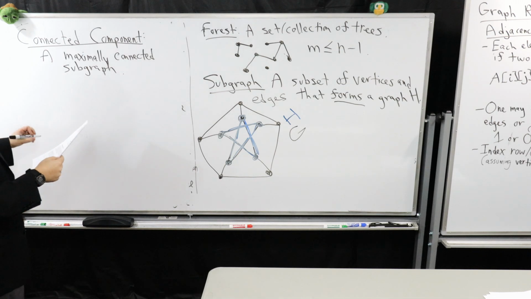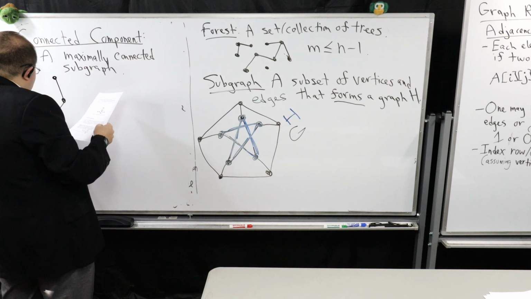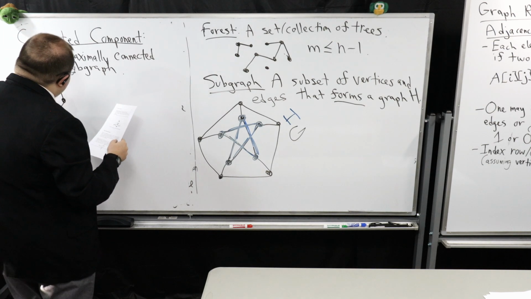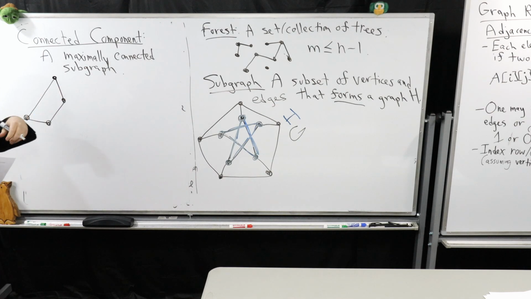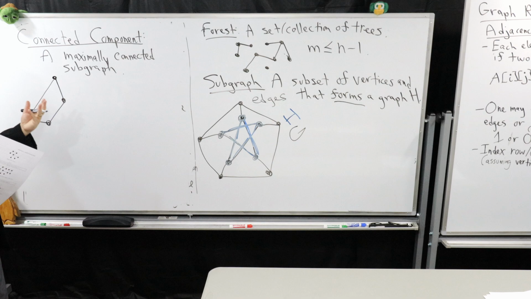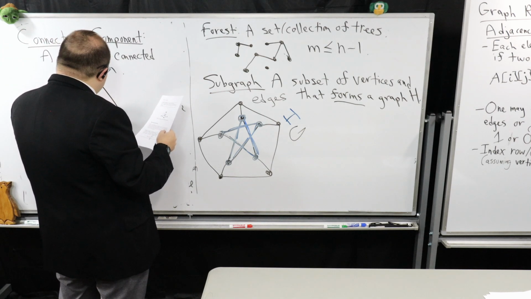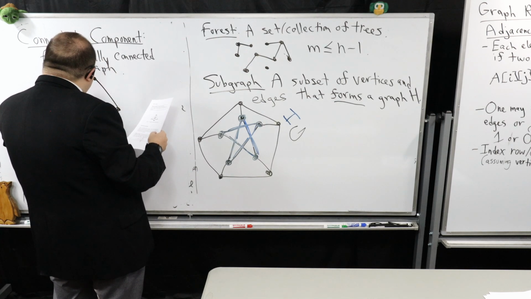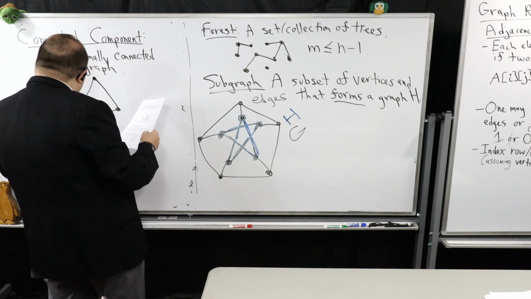So just to give you an example of what I mean by this. If I look at the graph itself, I want to take each part of the graph as a subgraph, and I want to have as many edges as possible in each respective subgraph. And we call each of the subgraphs a connected component. So here's an example of a graph overall.